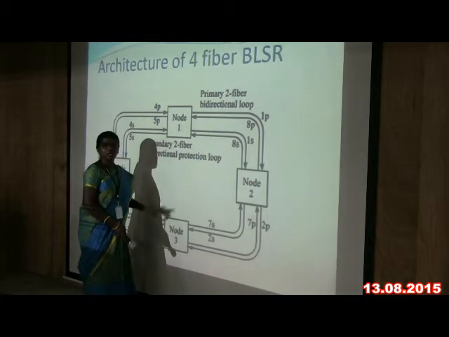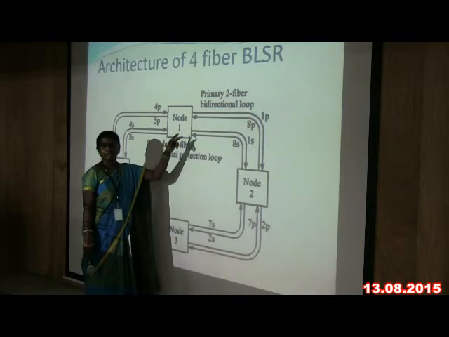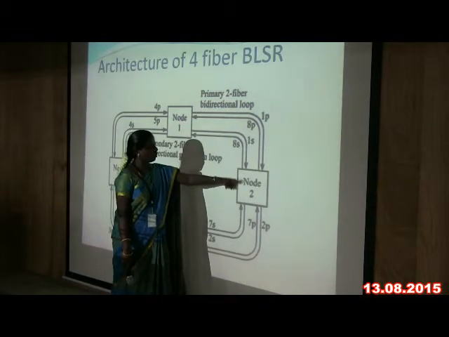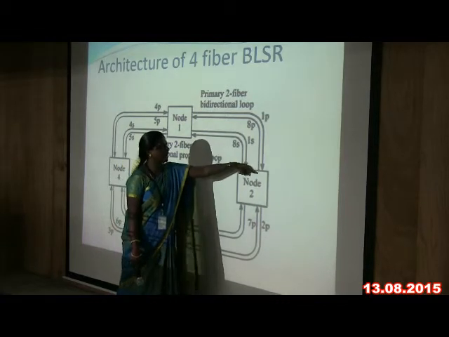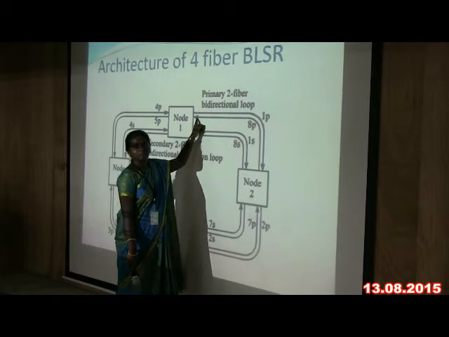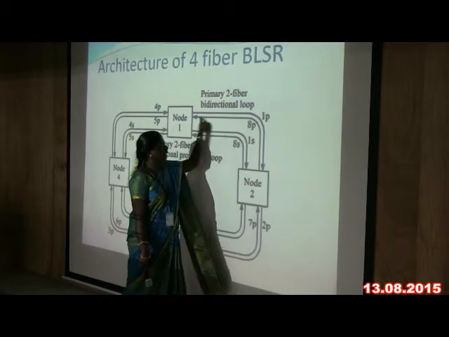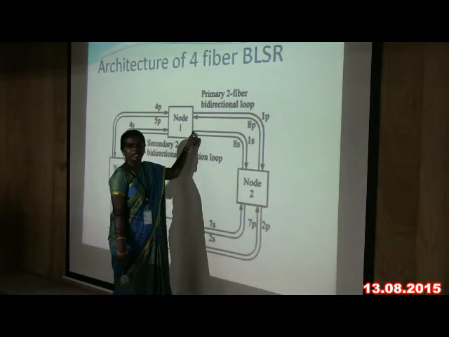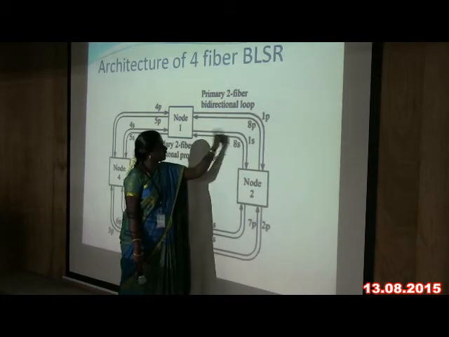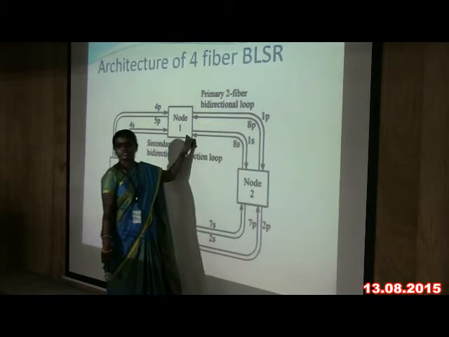P means primary path and S means secondary path. 2 fibers run between node 1 and node 2. This is your primary path for this direction and another direction. 2 fiber bidirectional switch. This is for forward direction. This one is for reverse direction. And also the secondary path has this direction and another one for the secondary path.